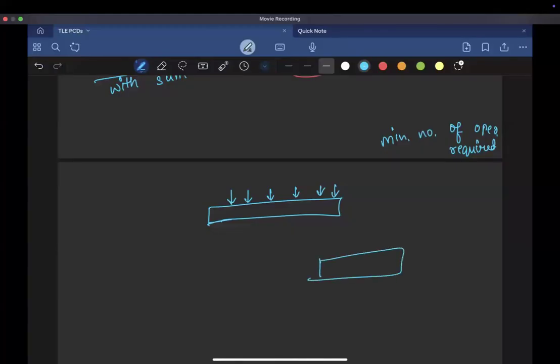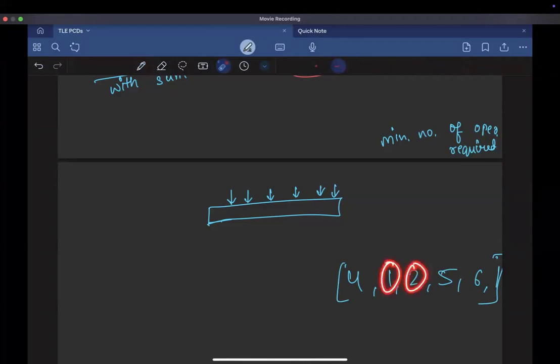So if you have an array like 4, 1, 2, 5, 6, 1, and you choose these three, then yes, this is a subsequence, but it is a subarray as well. So this would not be considered an anti-subarray.